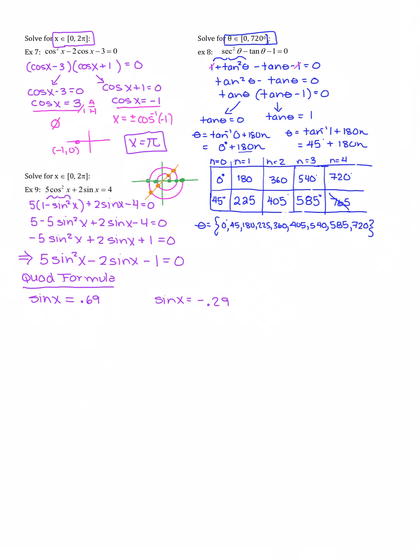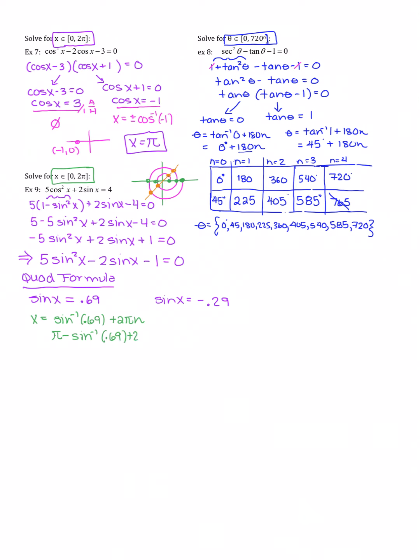Okay, so what I'm going to have to do is do my inverse sine routine. So the inverse sine of 0.69, and again I am in radians. So this would be plus 2 pi n, and then you also are going to have to find the supplement, remember?